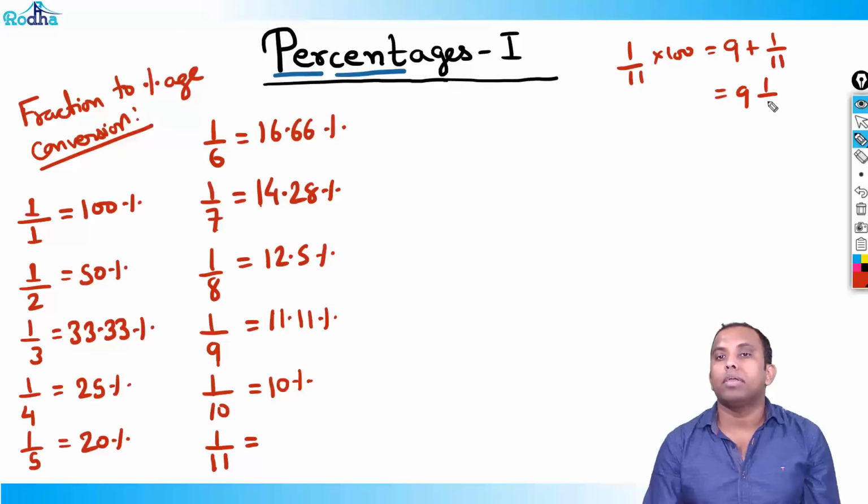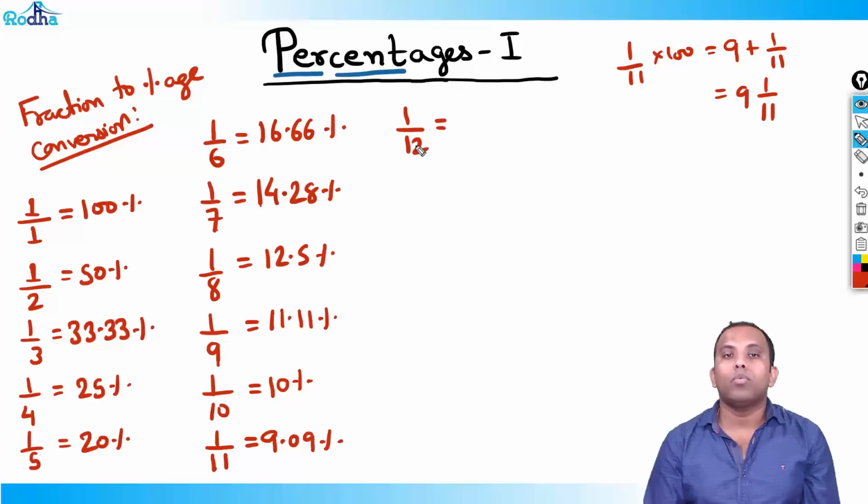This is 9 1 by 11 in mixed fraction, where the plus sign is hidden. What is 1 by 11? Approximately 0.09. So it is 9.09%.